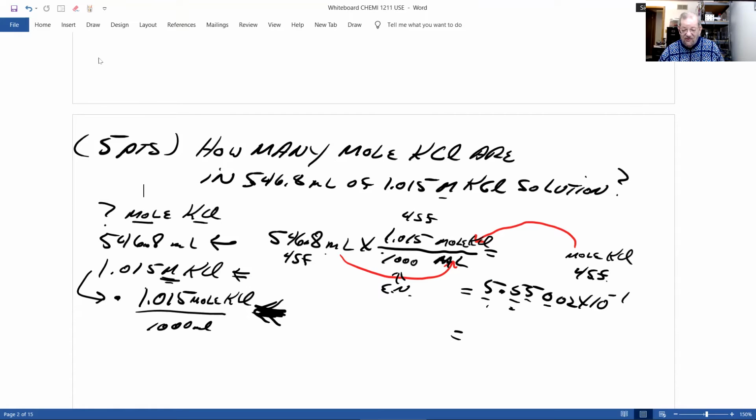That's 1, 2, 3, 4 significant figures. Use the next number, 0, to round off. That's 4 or less, so drop it. So the answer would be 5.550 times 10 to the minus 1 moles KCl.